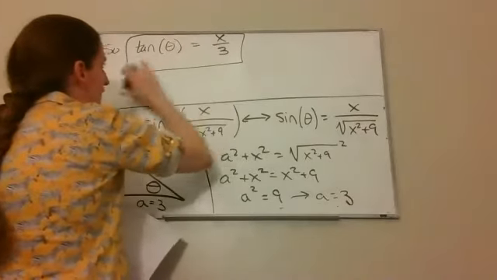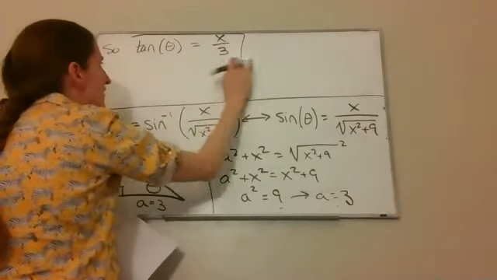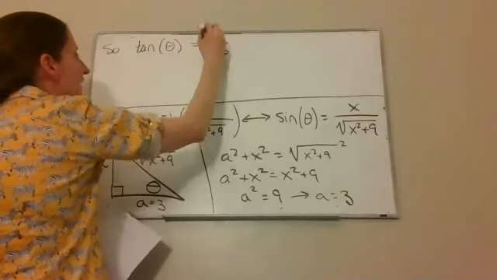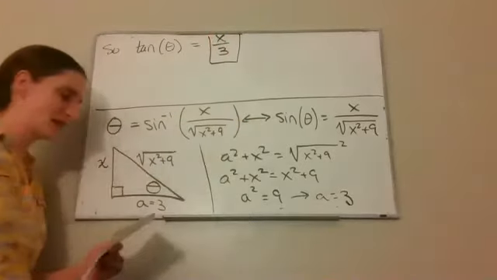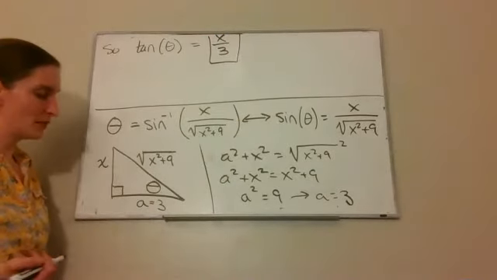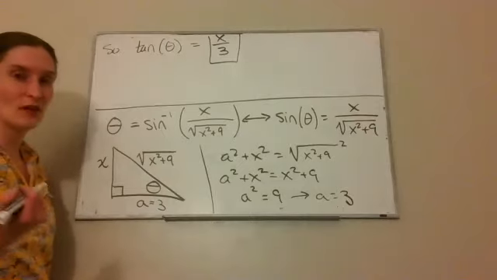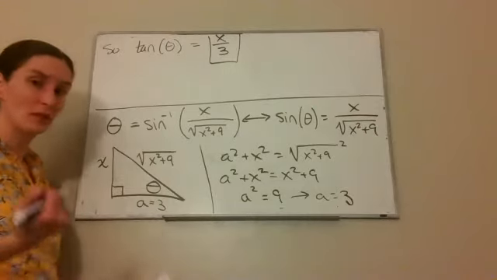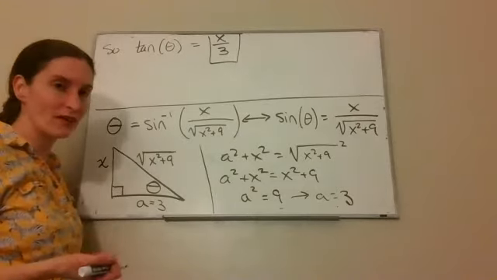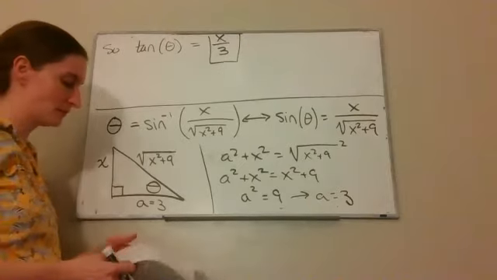I don't even really need to write the tangent theta part. The x over 3 is that algebraic expression. That whole complicated tangent of sine inverse of x over square root of x squared plus 9 is a super fancy way of writing x over 3.